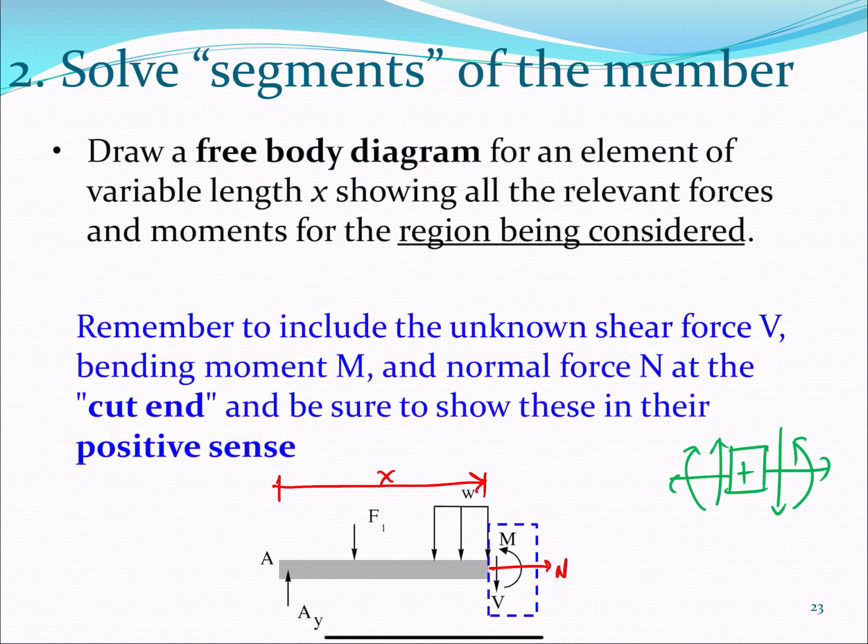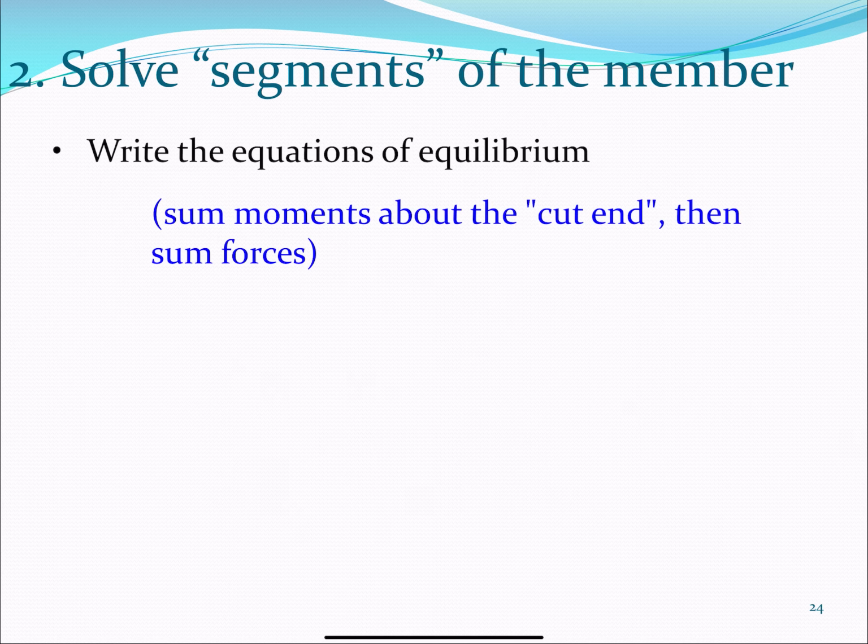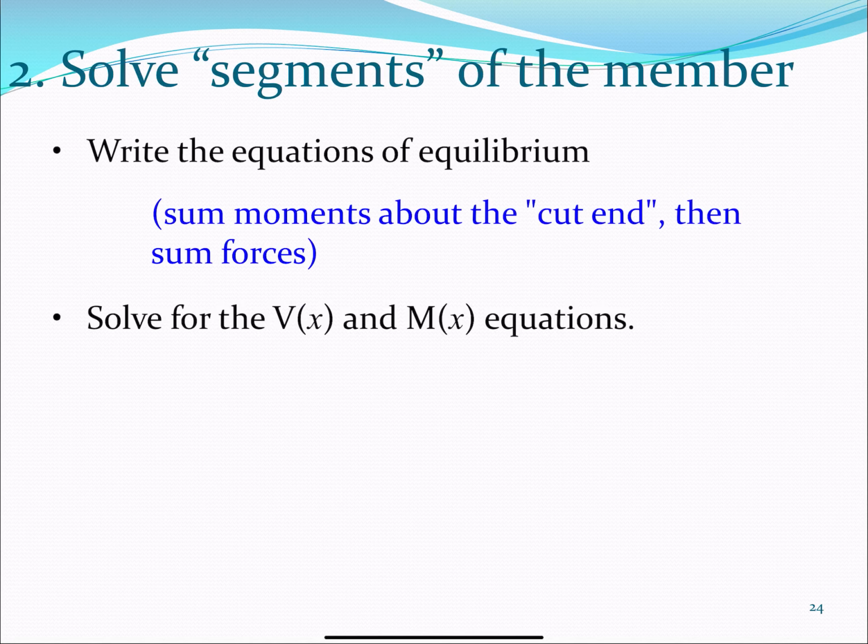Remember to plot your internal forces according to the convention. It's really, really important that that figure goes with you everywhere. So we write the equation of equilibrium for each segment. We sum moments about the cut end, sum forces, and then we obtain the equations for shear and moment, right?